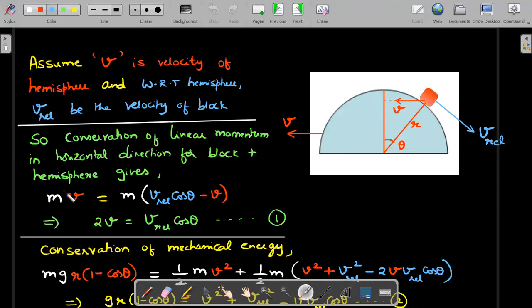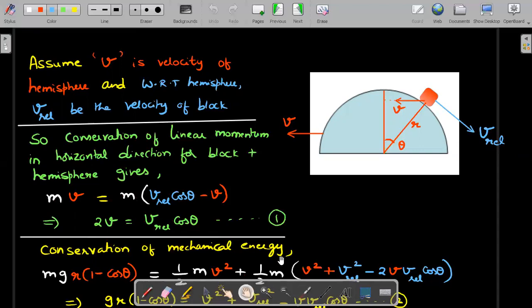The leftward momentum I have written as mv, whereas for the block you'll have two contributions: v relative's component in this direction, v relative cos theta, minus this v that you have to take into account. Cancelling the m, you get the first important relation between v and v relative. Remember, both of them should be eliminated because we are in search of the angle theta.